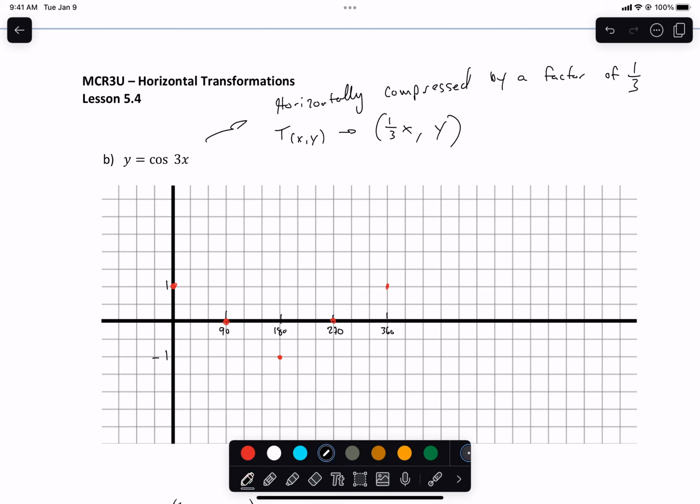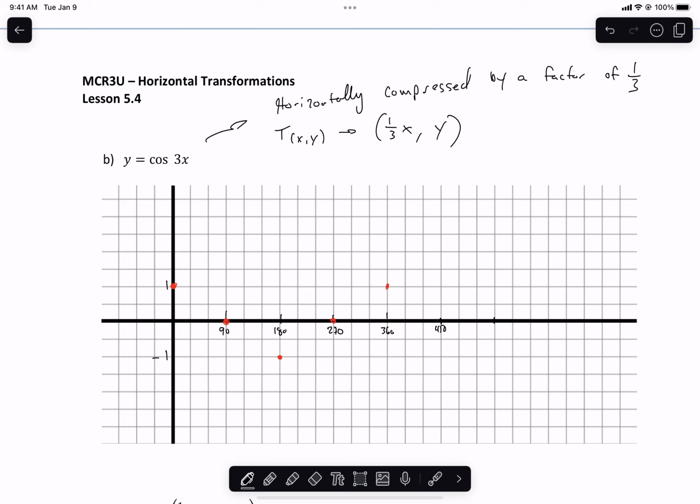Okay, so we can draw 2 cycles. This will come back down. Try to draw that.